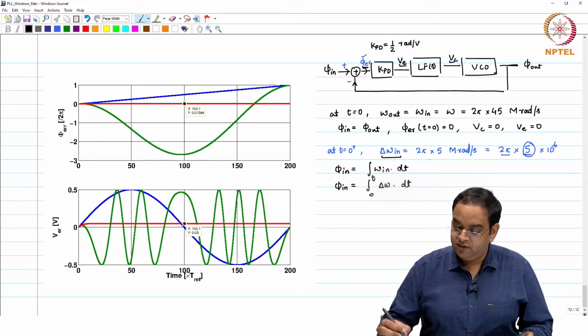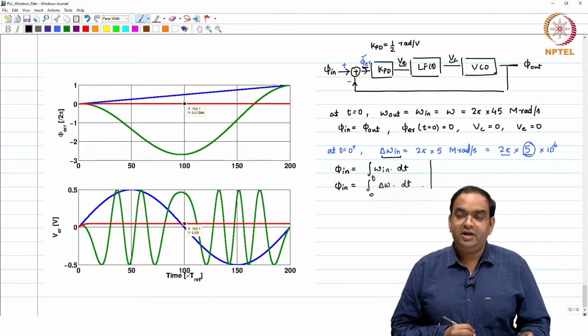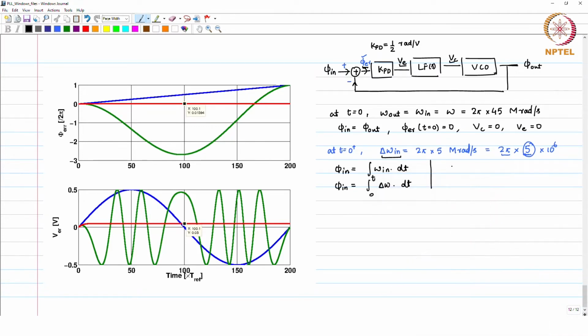The loop filter which we are choosing, that particular loop filter has gain 1 over... loop filter transfer function is Vc of S by V error of S here, right. This is 1 by 1 plus SRC, and VCO with respect to phi out of S, this is KVCO over S. These are the transfer functions.